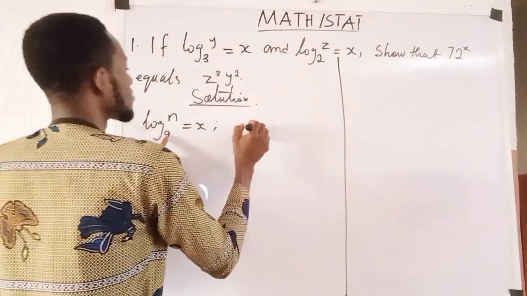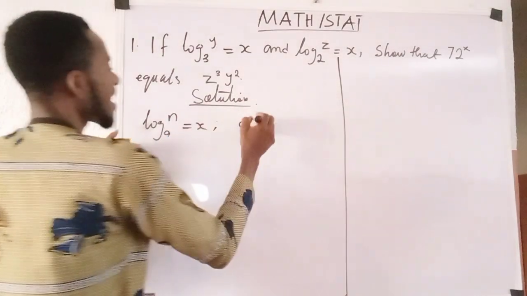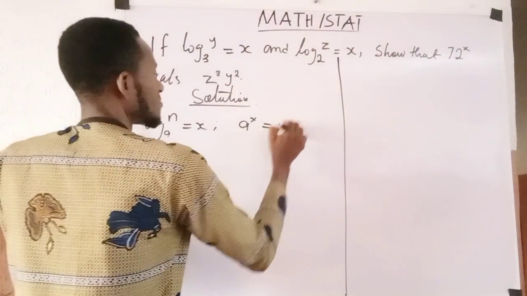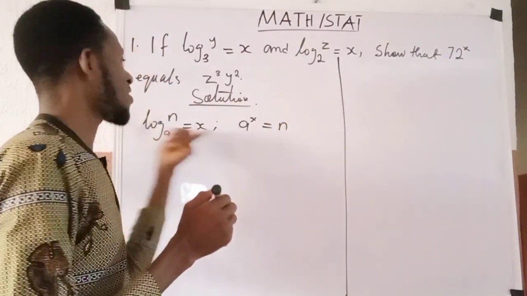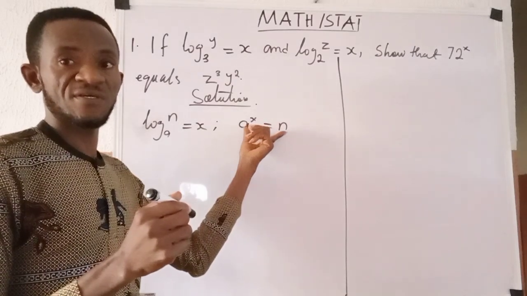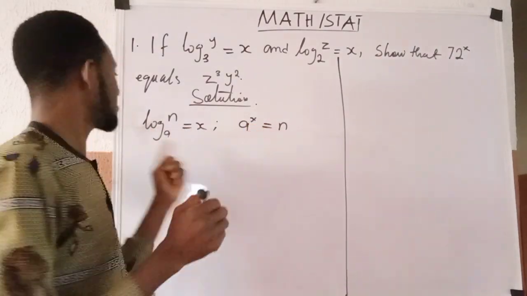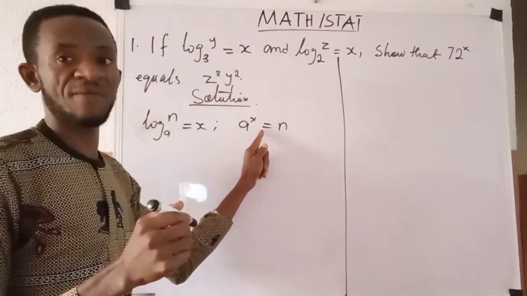You have that this a, which is this base, raised to power this x, is given as this N. This is true in logarithm as a connection between logarithm and indices, that any day you have this, it can be transformed into this, by saying this a raised to power this x is equal to this N, which is what I have here.